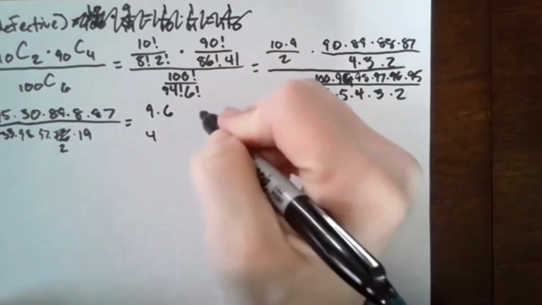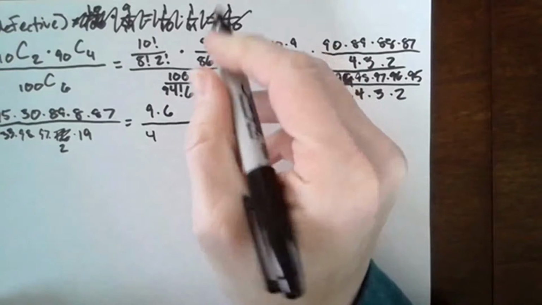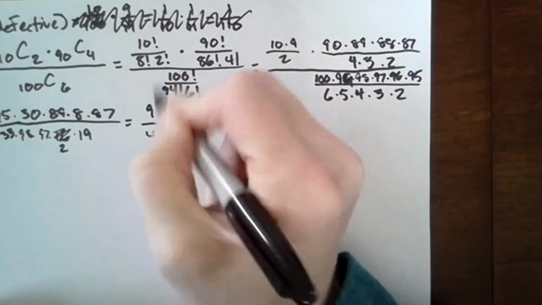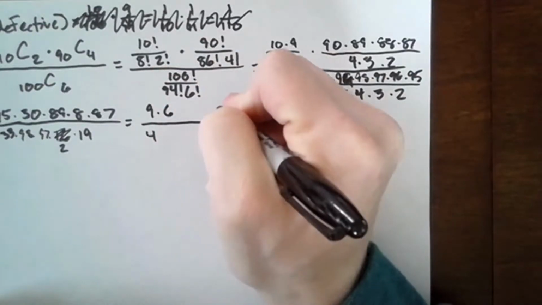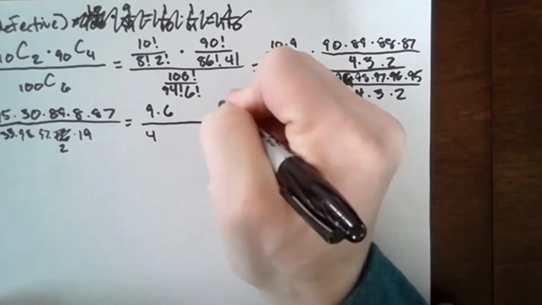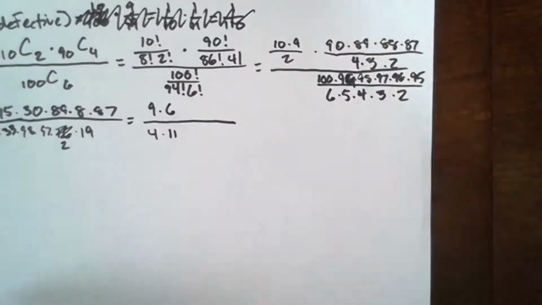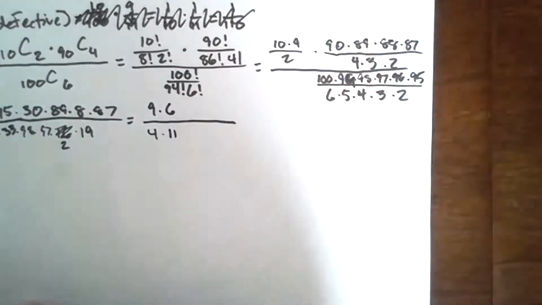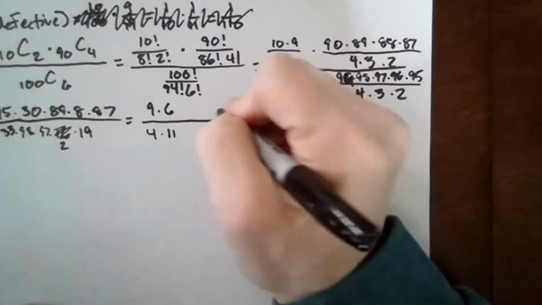And we wind up with a 4 for our 100. There's a 3 in our 33 and in our 87. We'll use that. So 4 times 11 and our 87. 87 over 3 is 29.